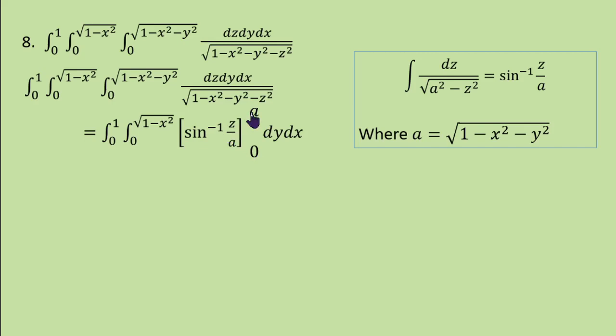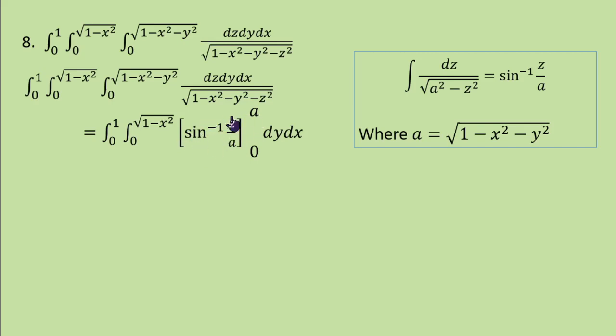When you apply the upper limit a, sin inverse a by a is sin inverse 1. Sin theta is 1 if and only if theta is pi by 2. Sin pi by 2 is 1. Therefore, sin inverse 1 is pi by 2.